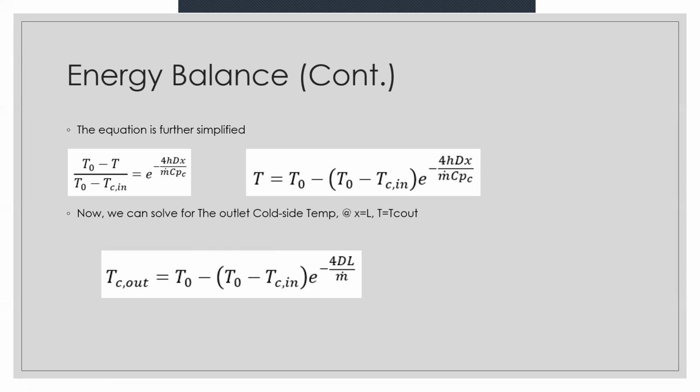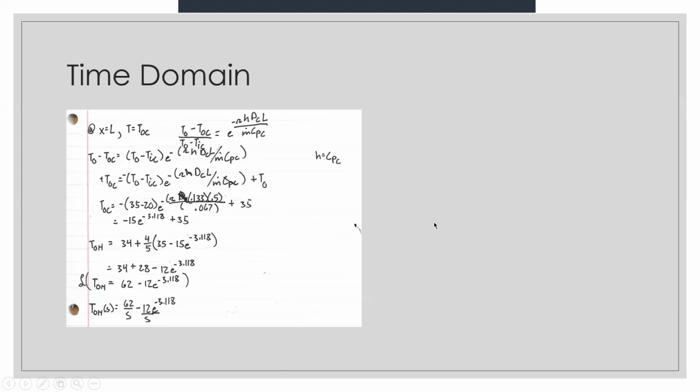Now that we have it in terms of T cold side out, we can set our equation equal to that by setting X equal to L, and then T is what we're looking for as the cold outlet temperature. So here we have that equation on the bottom.